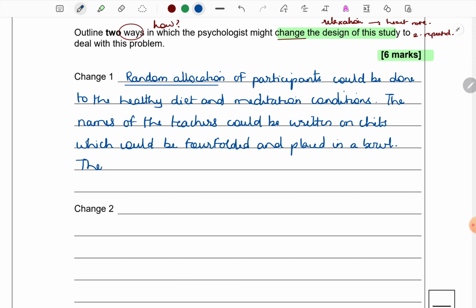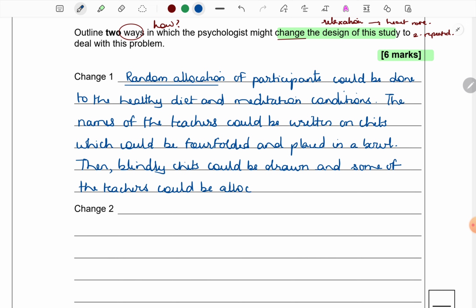Then blindly chits could be drawn, and some of the teachers could be allocated to either condition.